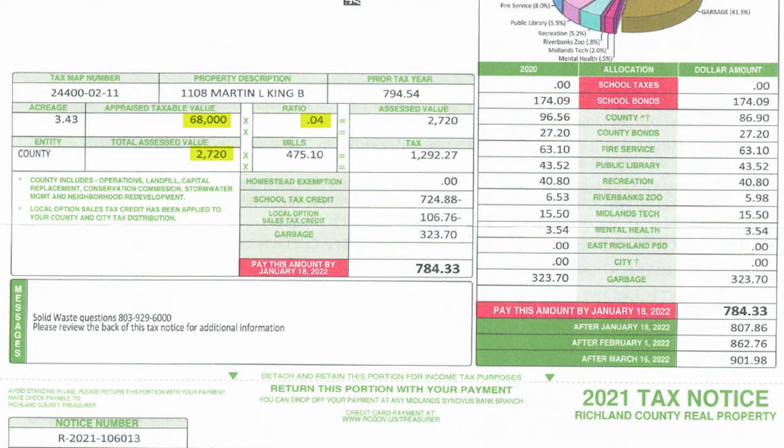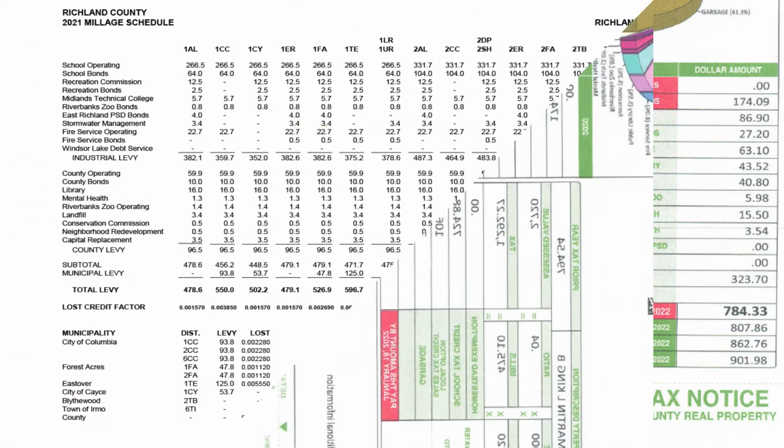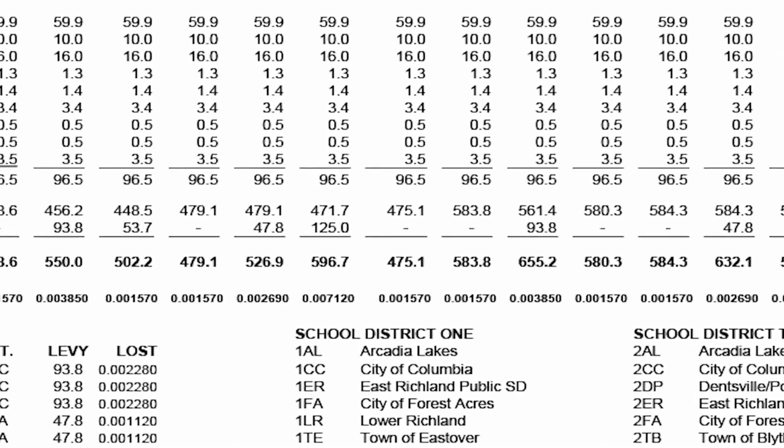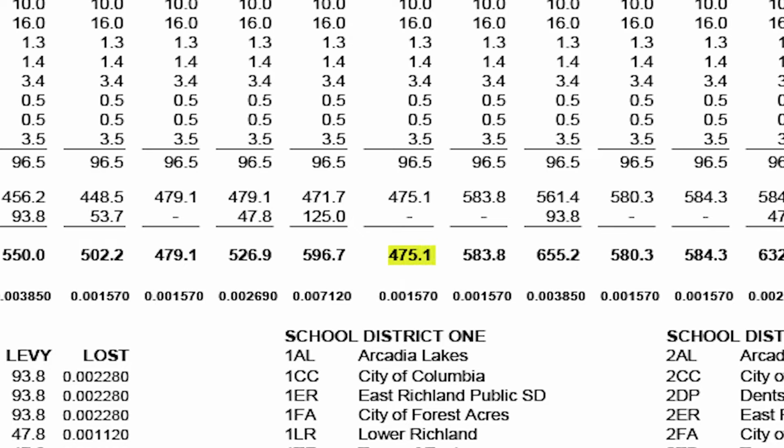All right. So we've got the 4%, and then we have the mills. And that is this additional sheet that we have here, which is the Richland County millage schedule. This tax district is up in the upper right-hand corner of this tax bill, and it's going to show you exactly how much the millage rate is, which in this tax district is 475.10.